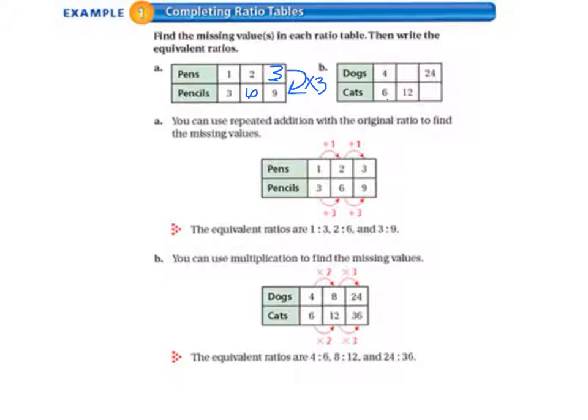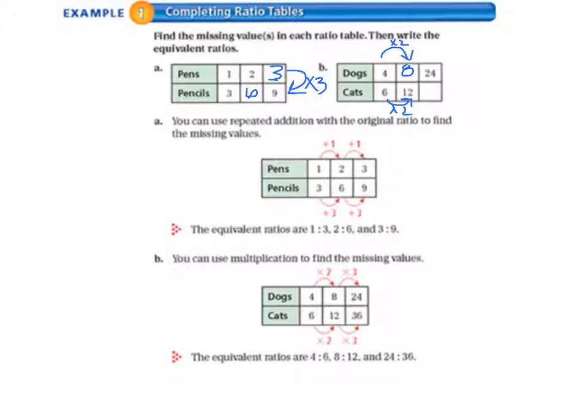So if you multiply 6 times 2, you get 12. And then to get to the missing number, you would also multiply by 2. And 4 times 2 gives us 8.